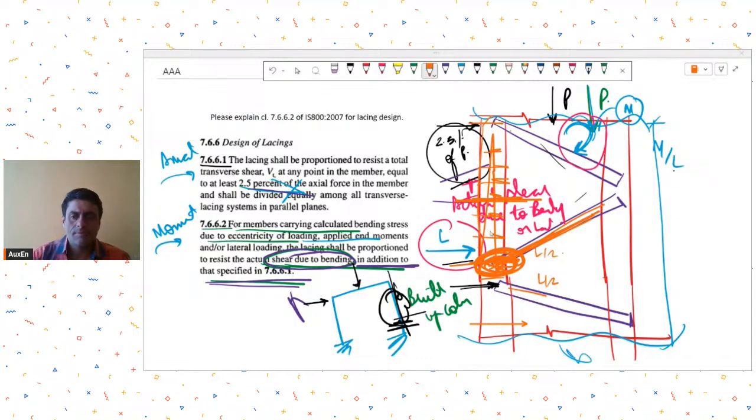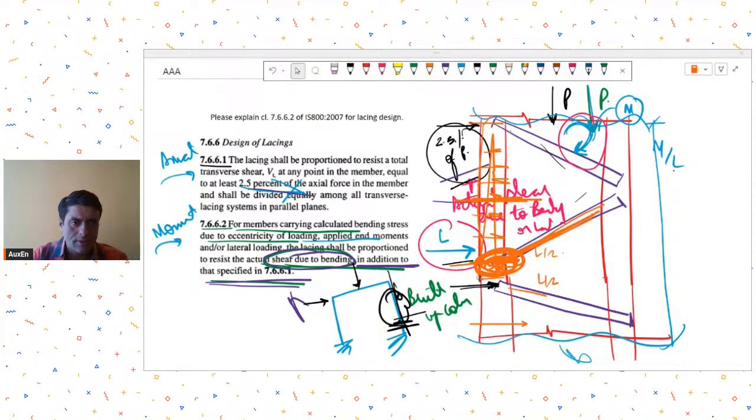Okay, then the next query is from engineer Rohit Dogra, from Himachal Pradesh.